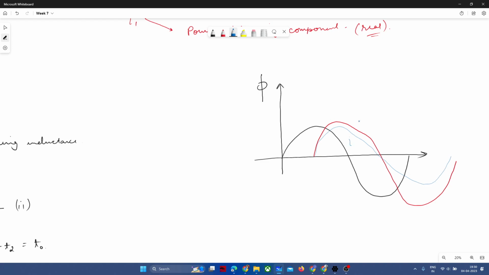This is for I, this is for E, and this is for phi. For the ideal condition we want this kind of curve, but we are not able to achieve it with DC supply. So we relied on switching of the DC supply with the help of switches, and we tried to achieve something semi-sinusoidal, whatever we try to achieve in AC.